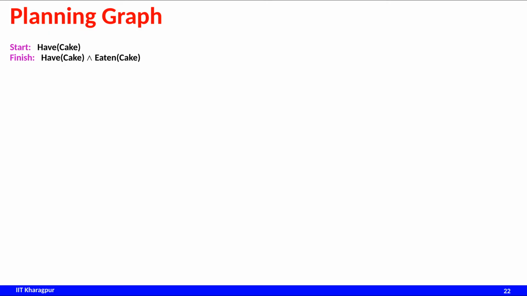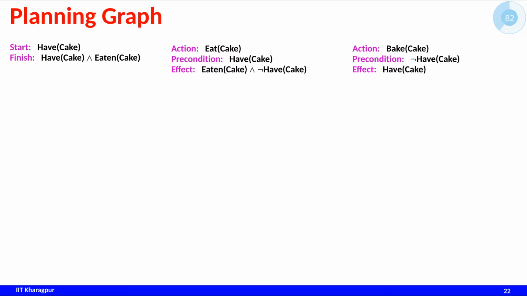So let us consider a very simple problem. I have been given a start state with have cake, and I want to achieve a goal state which is have cake and eaten cake. The set of actions provided to me are, first, I can eat the cake.